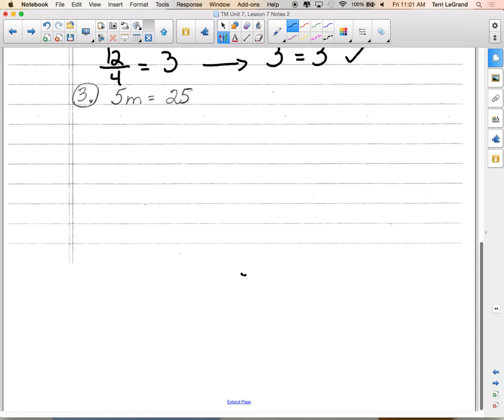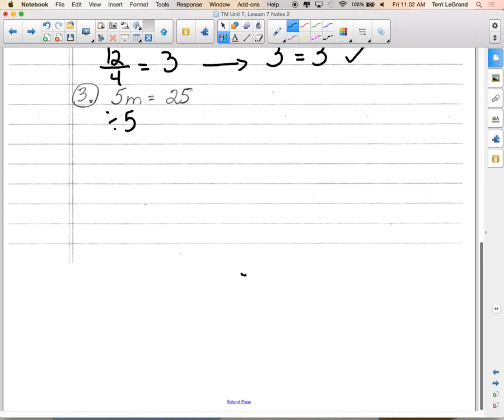This would be a good algebra tile problem, wouldn't it? What could we do in this situation? If we divide 25 by 5, what else has to be divided by 5? Remember, whatever you do on one side, you have to do on the other. You're going to divide both sides by 5. In other words, these 5 variable tiles have to be separated into 5 groups, with 1 in each group.